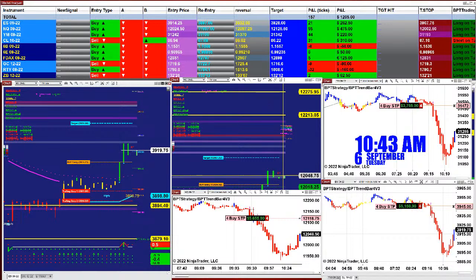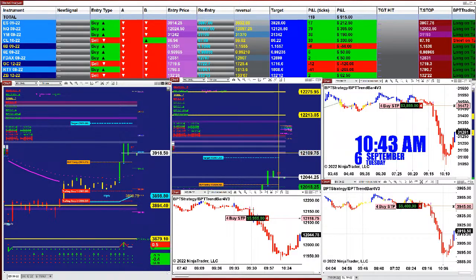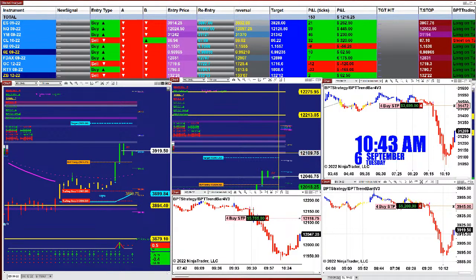The NASDAQ, if it's going to go, is going to go to the 12,000 level, and then 12,100, and then it's going to jam right there. So if you are taking a long trade, keep your eye on it like a hawk, because it's not going to be a very long trade. It's not going to be a trade where you're going to be grabbing a lot of money out of it.